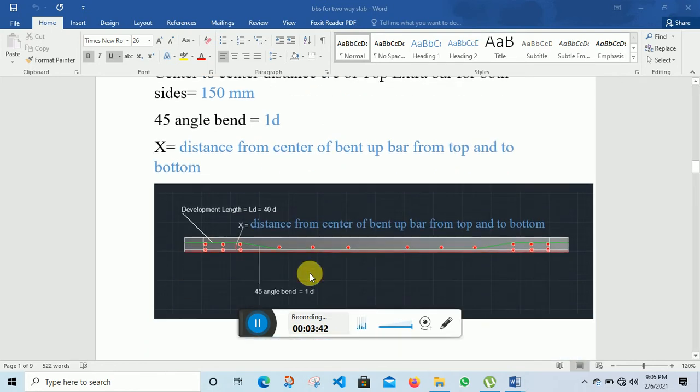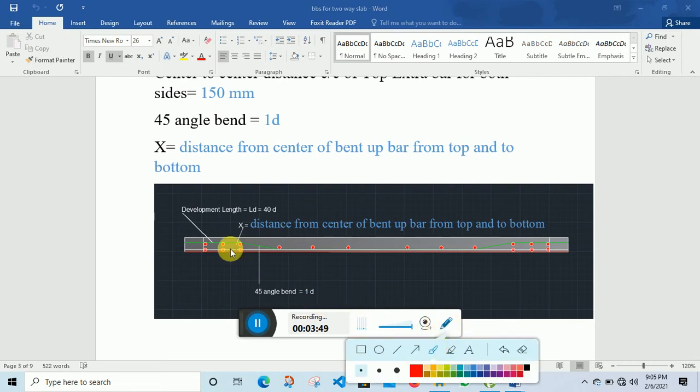Now look here, from here to here we have this x. So x is equal to the distance from the center of the top bar to the center of the bottom bar. This distance is called x.